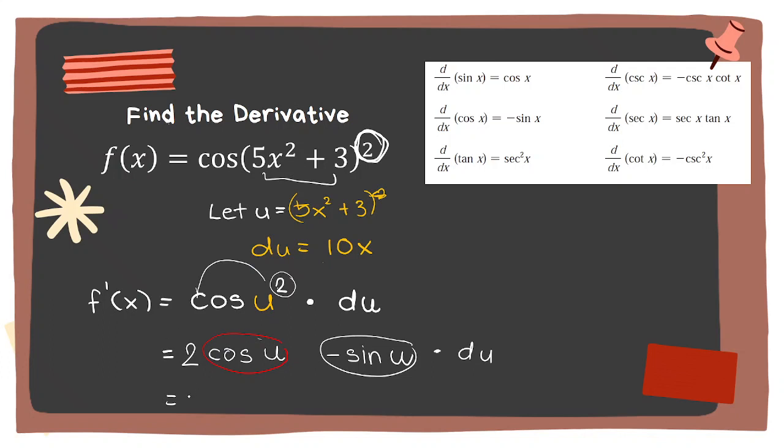Kaya lang, i-substitute muna natin si u. So, this is 2 cosine 5x squared plus 3 multiply to negative sine 5x squared plus 3 multiply sa derivative ng 5x squared plus 3 which is equal to 10x.